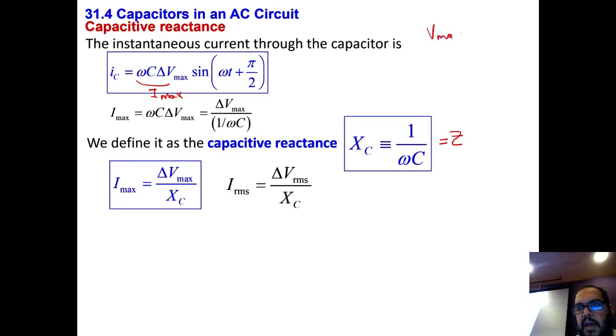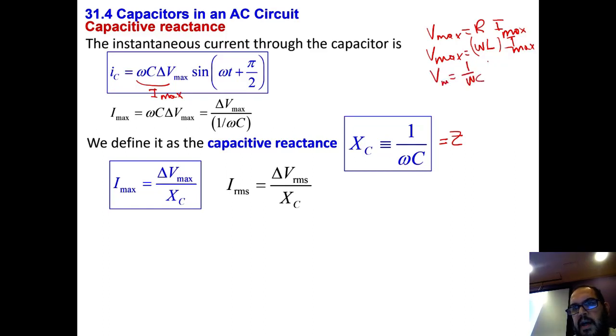So for a resistor, V max is equal to R I max. For an inductor, V max is equal to omega L times I max. For a capacitor, V max is 1 over omega C times I max.